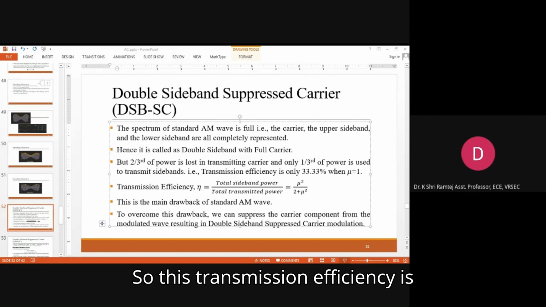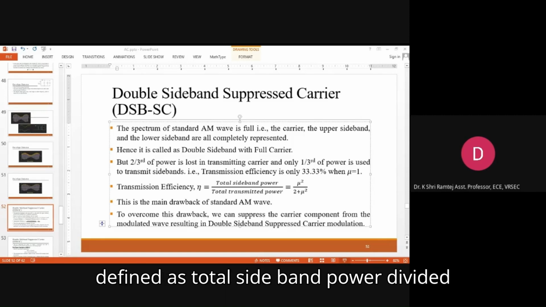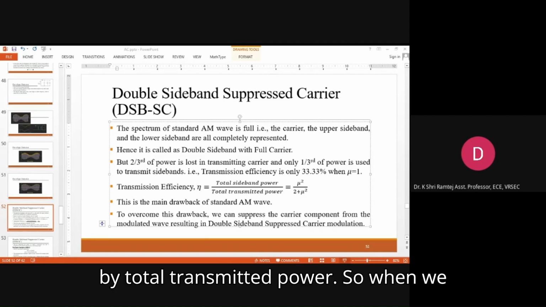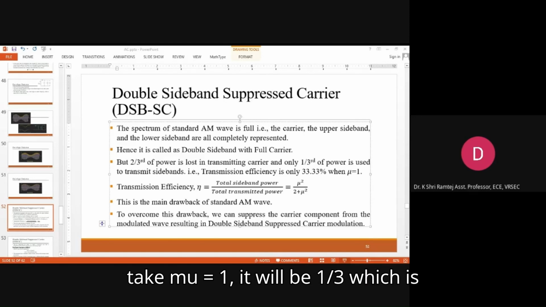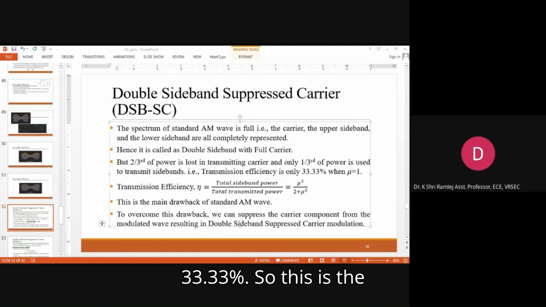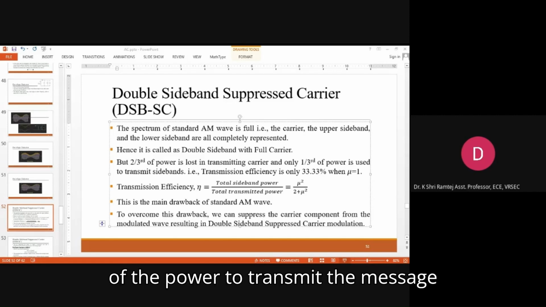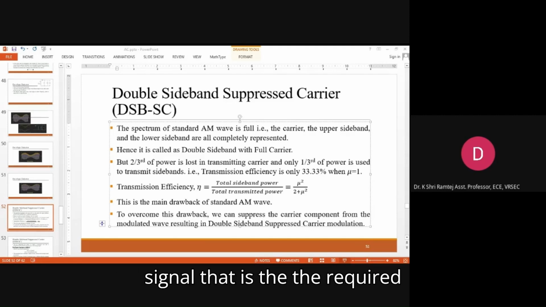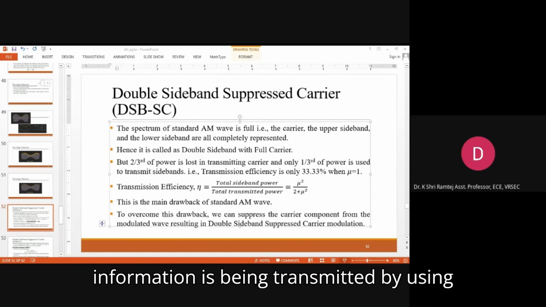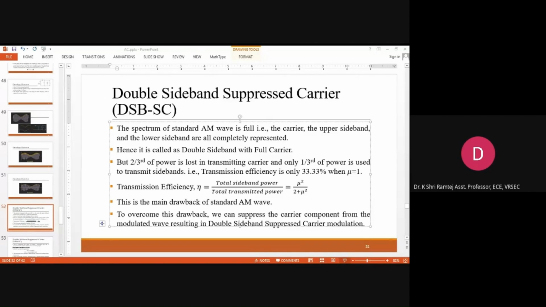Transmission efficiency is defined as total sideband power divided by total transmitted power. So when mu is equal to 1, it will be 1 by 3, which is 33.33%. This is the main drawback of standard AM wave, because the required information is being transmitted using only 1/3 of the power.